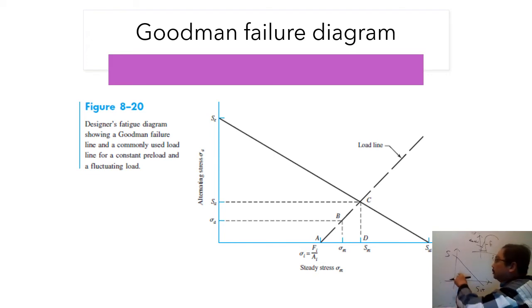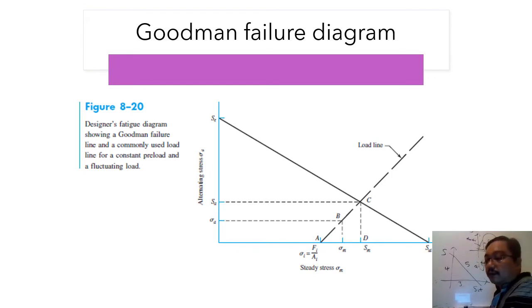So to get this diagram, if you see about the Goodman equation, it is like a theorem Pythagoras equation, 3, 4, and 5. If you see the equation, it has a equals to a power 2, b power 2, c power 2, square root of that, then you can get the equation.